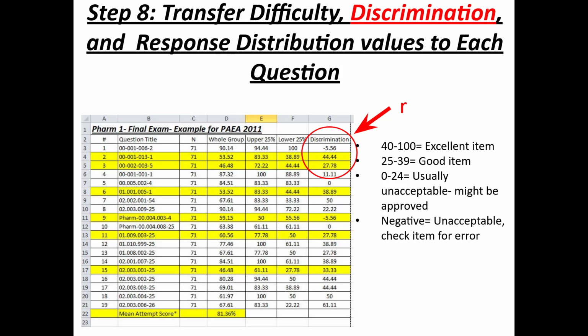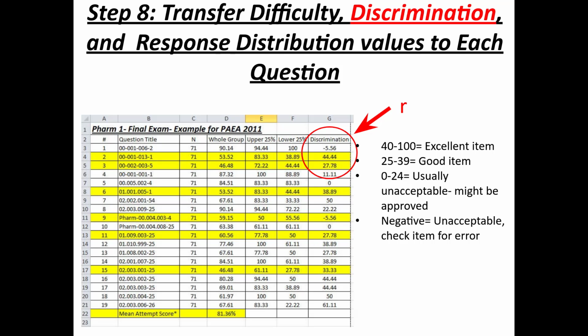A negative discriminator is problematic because it means that the students who overall did well on the test were more likely to miss this question than students who did less well on the test. And that doesn't make sense. Typically that means there's something wrong with the question. It's either miskeyed or has two answers potentially.